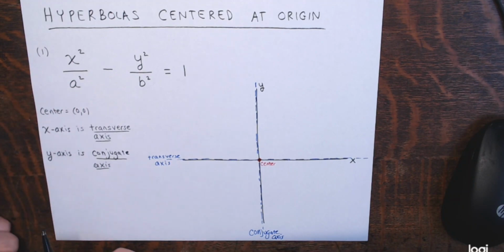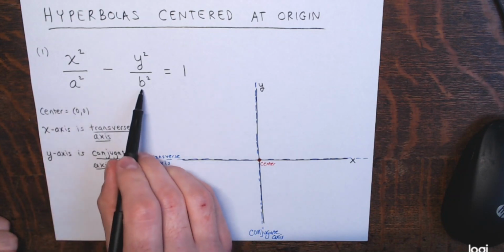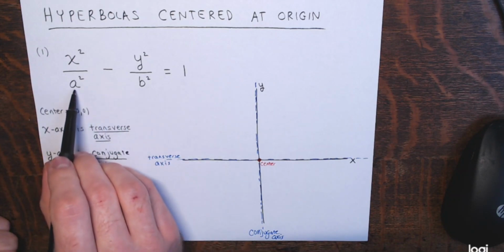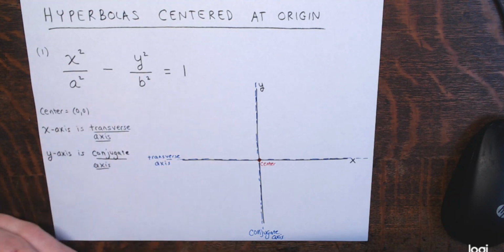All right. Now, these letters, the lowercase a and the lowercase b, just like with an ellipse, they mean something. They help us find certain points on the graph, right? Certain solutions of the equation.